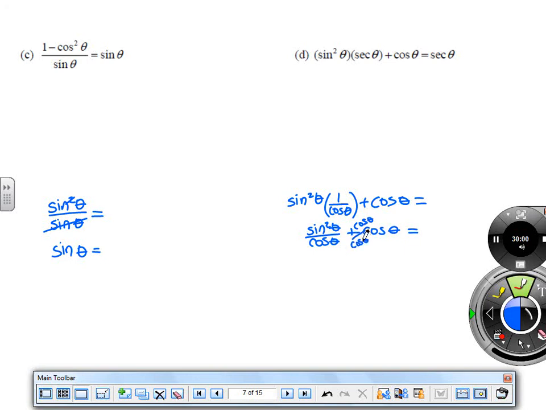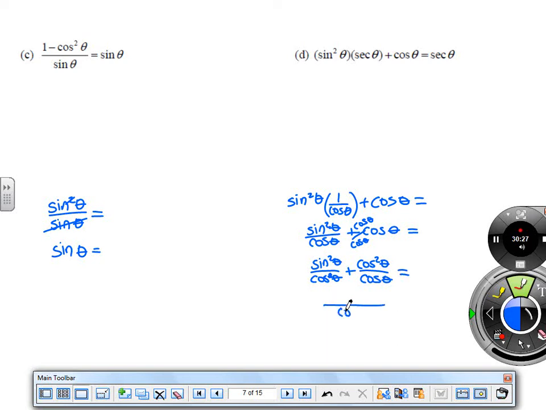So I'm multiplying that by cosine theta over cosine theta. Totally allowed to do that because cosine theta over cosine theta is really just 1. Can I multiply stuff by 1 without changing it? Yeah. Okay. So this gives me sine squared theta over cosine theta, and then cosine squared theta over cosine theta.